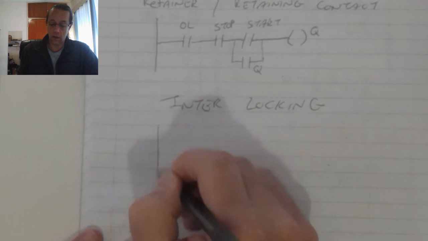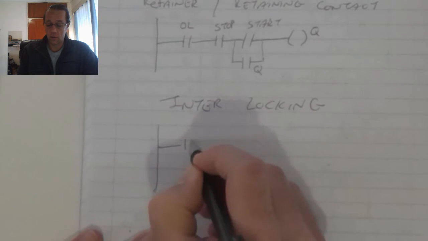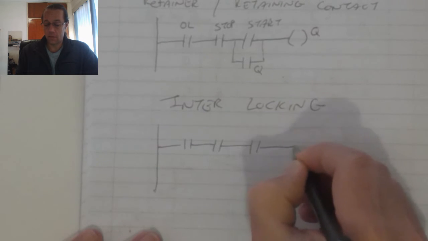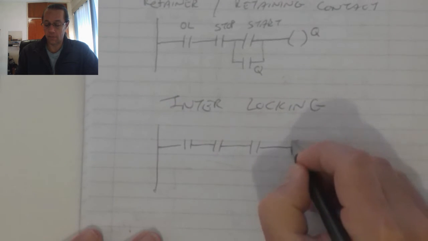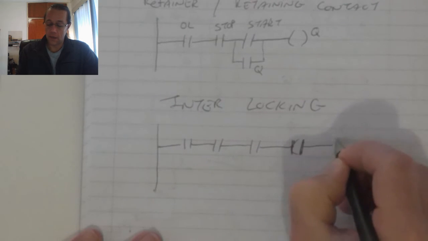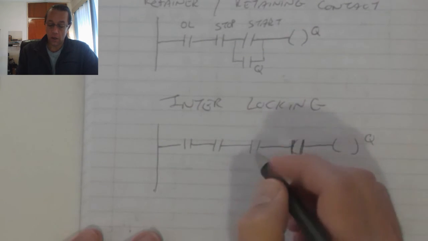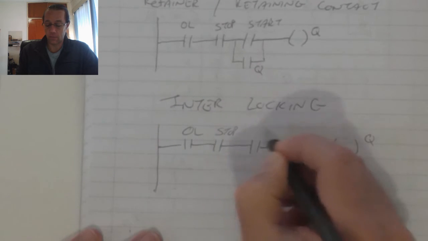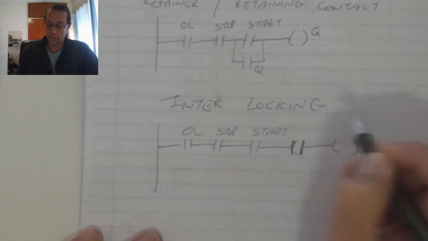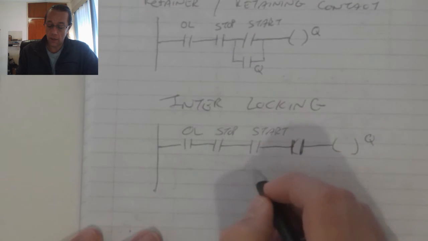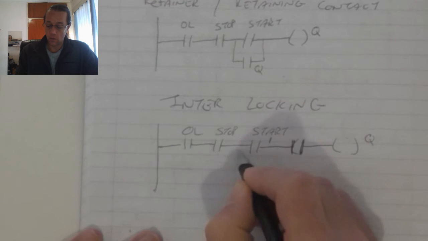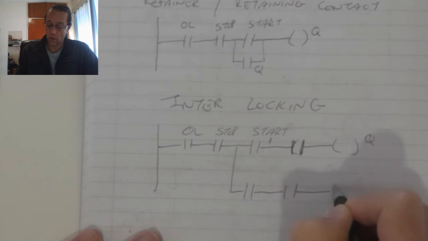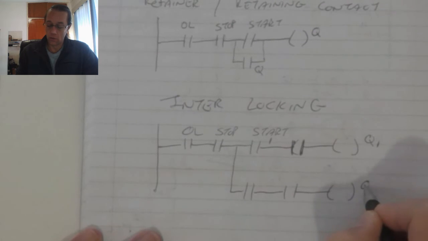Okay, when we're looking at interlocking, we've got the same process, but now we're going to look at a scenario whereby we've got a situation where that's Q1 and this is Q2.